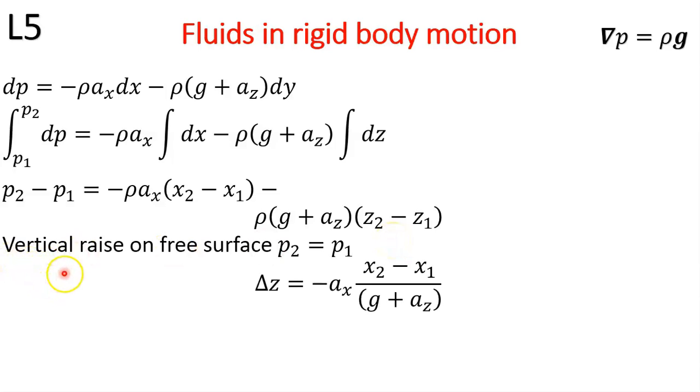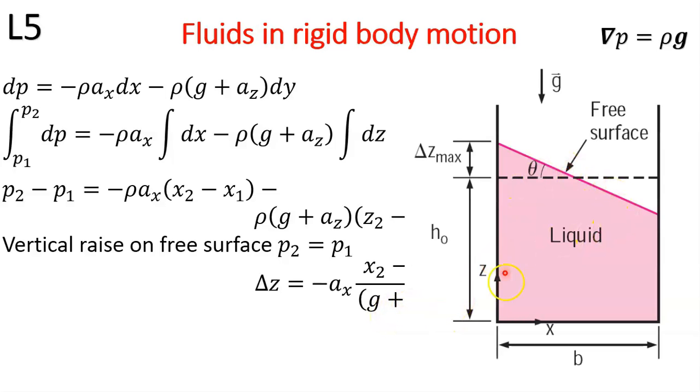Now for the vertical rise in the free surface, if we consider a small one, p1 will be equal to p2, and our equation will be simplified, and the variation in the z coordinate of the surface, dz, will be minus ax times x2 minus x1 upon g plus az.